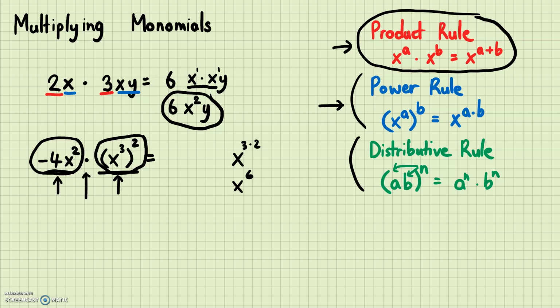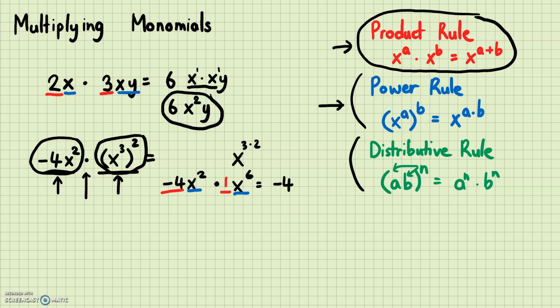And now we have our first term, which was negative 4x squared, and we multiply that to our simplified second term. And when we multiply, remember, we multiply the numbers with the numbers. If there's no number here, it means that there's a 1 here. And we multiply the letters with the letters. So for the number part, -4 times 1 is going to equal -4.